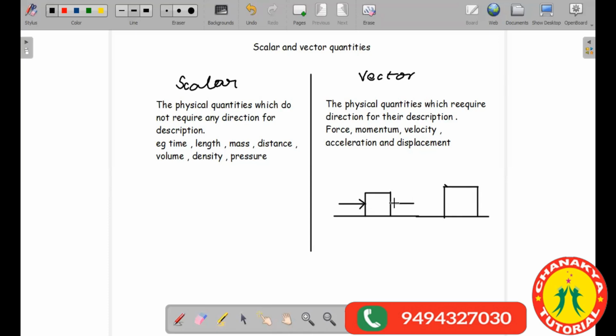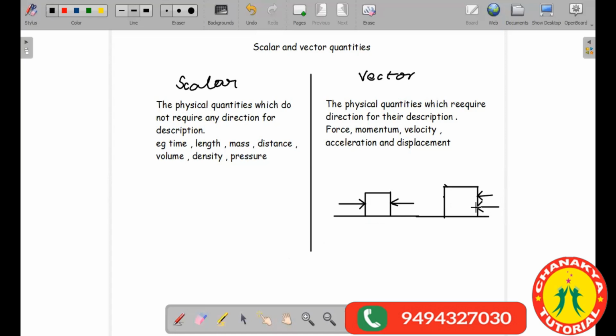The block is being pushed by some forces in two opposite directions. This is one way. The other way is like this. It can be pushed something like this.